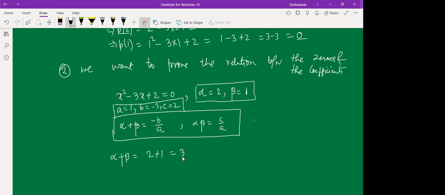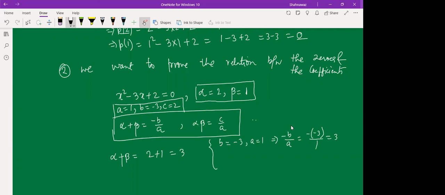And is this minus b by a? Let's check. b is minus 3 and a is 1. So minus b by a will be minus of minus 3 by 1, so this will be 3.